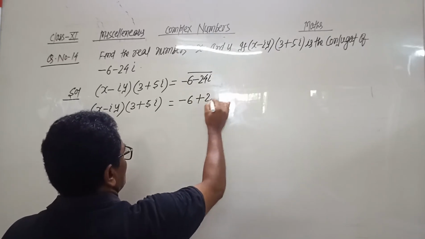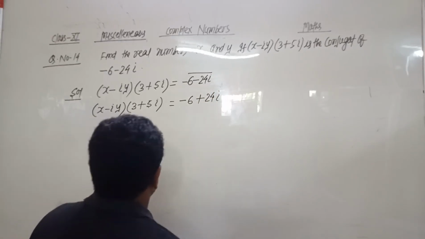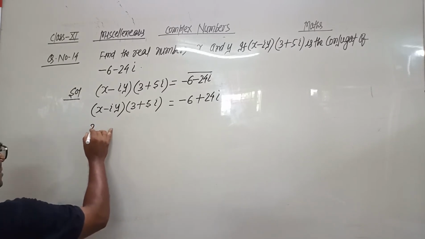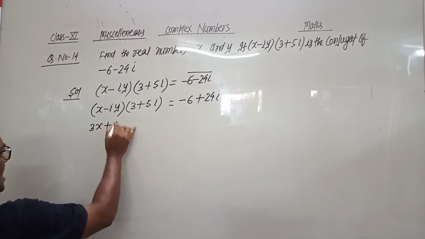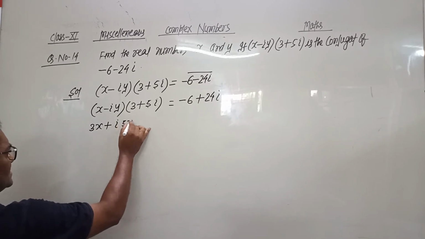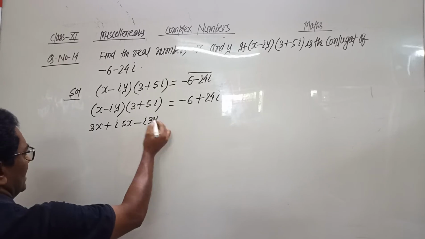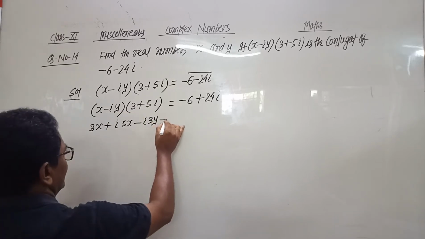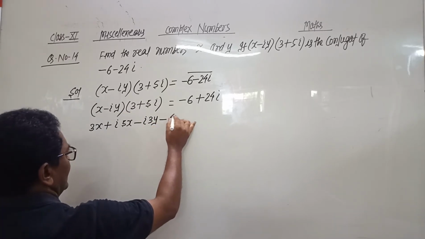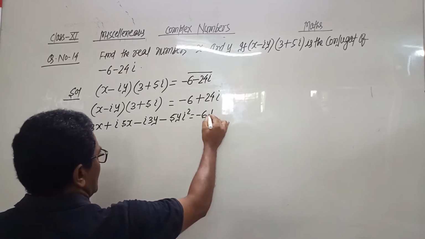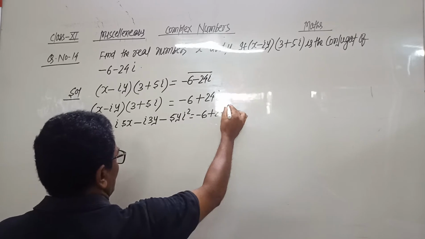So it becomes minus 6 plus 24 iota. Now remove the bracket. So 3x plus iota into 5x minus iota into 3y minus plus minus 5y iota square equals minus 6 plus 24 iota.